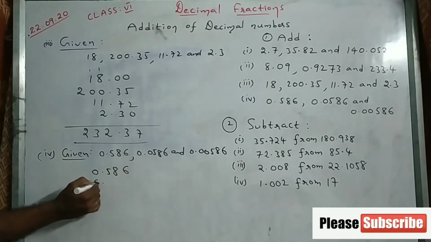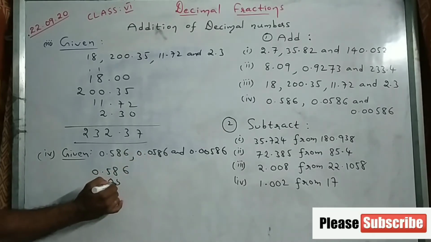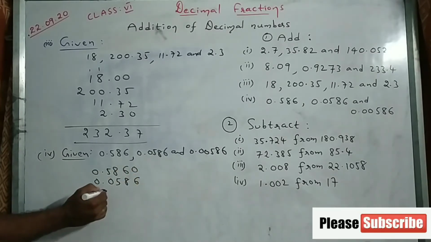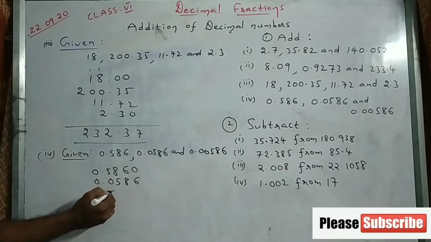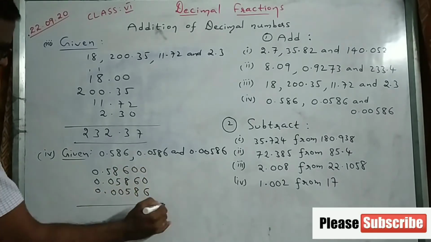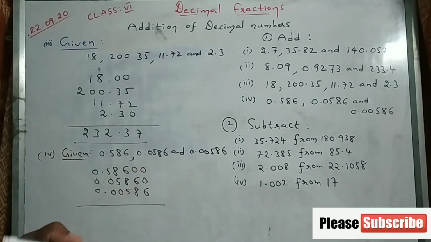Before the decimal you have 0, after it 0586, you keep 1 zero. Here also the decimal. Before the decimal you have 0, after the decimal we have 00586. So 1 zero, 1 zero we should keep.